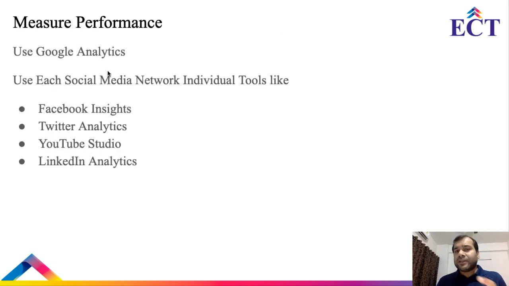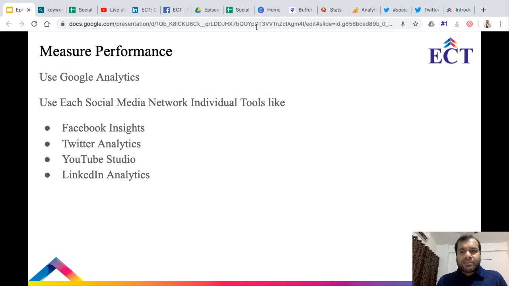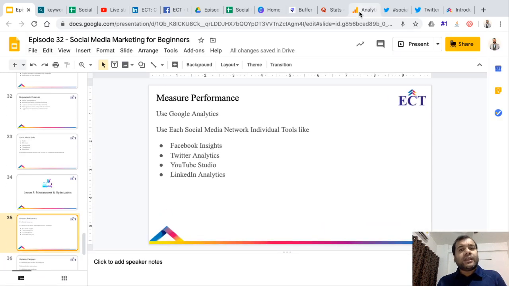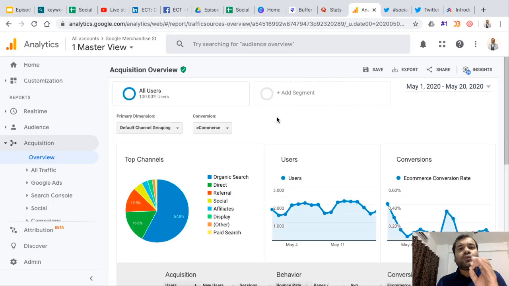One tool is Google Analytics. I will just show you. And there are some tools provided by individual social media networks, which you can use as well. Google Analytics is a free tool by Google that is used to measure your website traffic.